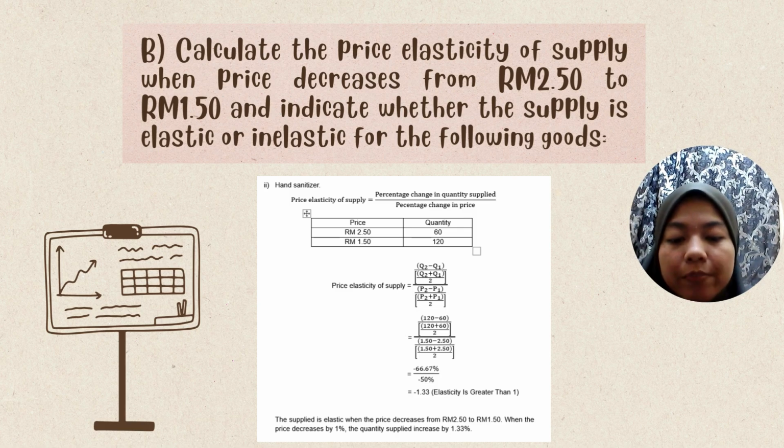So we get negative 1.33. So it is elastic because it is greater than 1. The conclusion is the supply is elastic when the price decreases from 2 ringgit 50 cent to 1 ringgit 50 cent. When the price decreases by 1%, the quantity supplied increases by 1.33%. That's it.